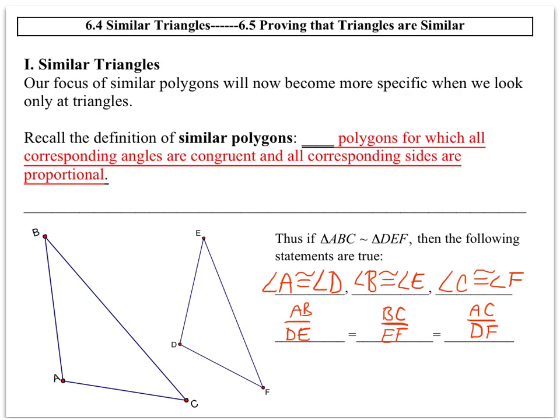AB over DE should be the same as BC divided by EF, which should be the same as AC divided by DF. Again, just a reminder, the numerators all come from this first triangle. The denominators all from the second. It's important not to accidentally flip those around, but to keep them all together.